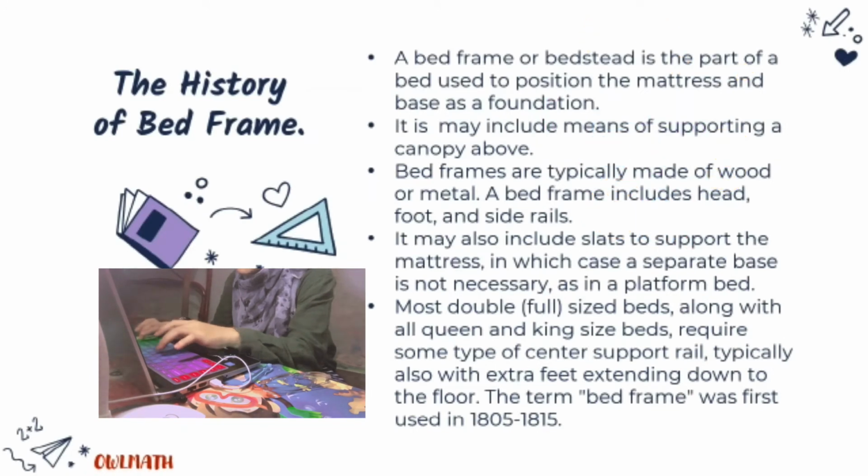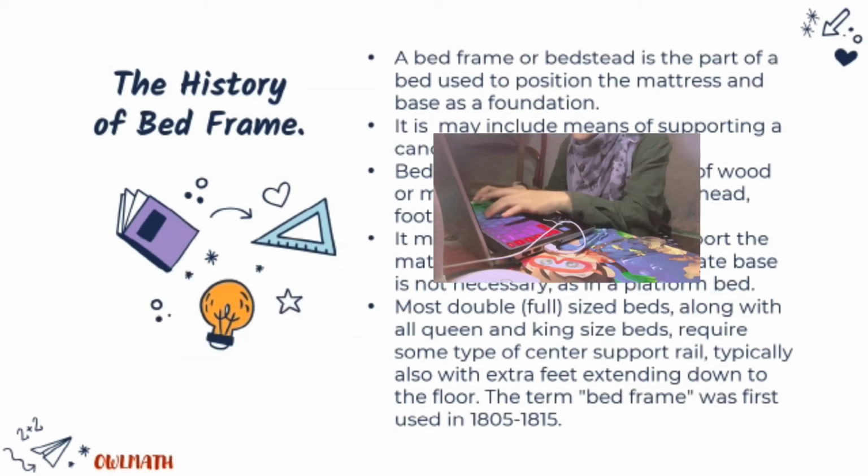A bed frame or bedstead is a part of the bed used to position the mattress and base as a foundation. It may include means of supporting a canopy above. Bed frames are typically made of wood or metal. A bed frame includes head, foot, and side rails. It may also include stilts to support the mattress, in which case a separate base is not necessary, as in a platform bed.